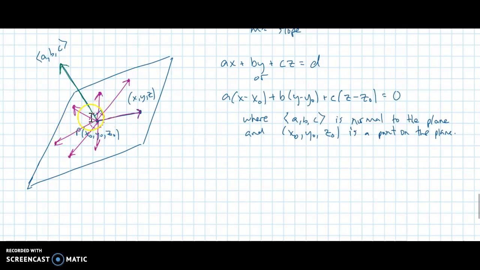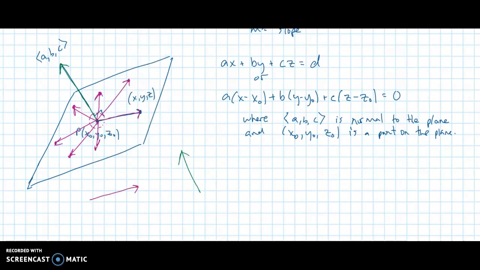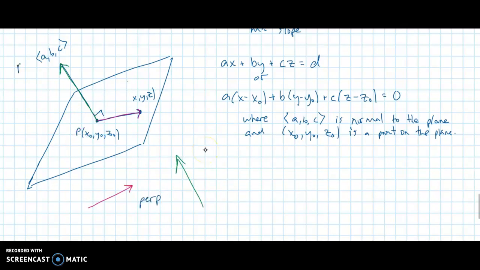And the key here is that this vector is always going to be perpendicular to this vector. So in 3D space, those would always be perpendicular. So I'm going to actually give this green vector a name. I'm going to call it N for normal, because it's normal to the plane.